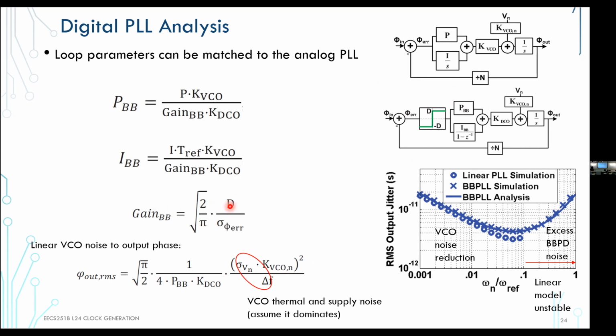Keep in mind that D is the timing step you're introducing from the error. The larger D is, the more gain you get, so the more agile the proportional path is, but your quantization error is also bigger. So this intersect will shift this way. Your loop will be able to react quickly, but it will have a lot of noise from that reference.